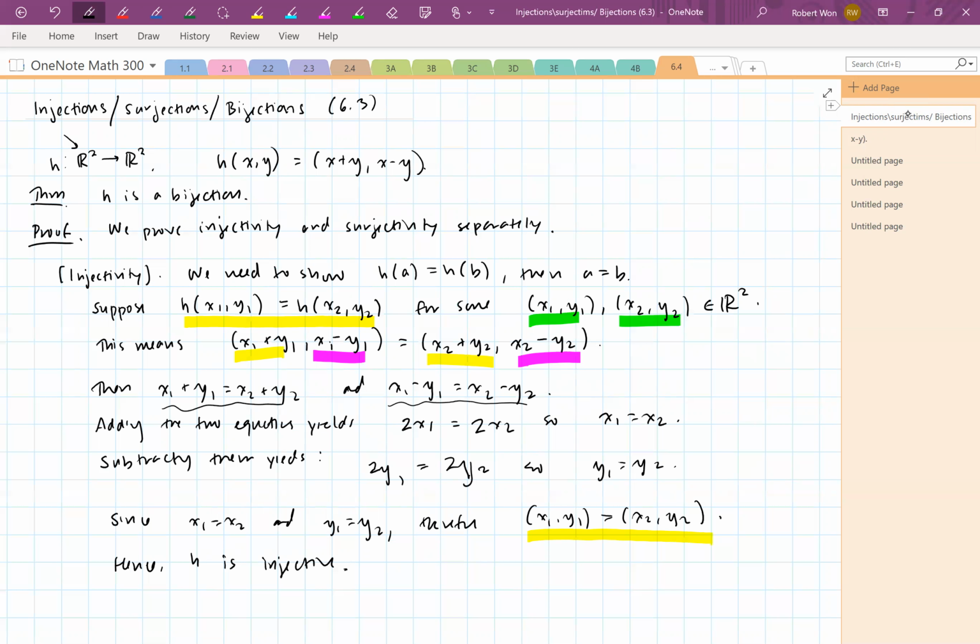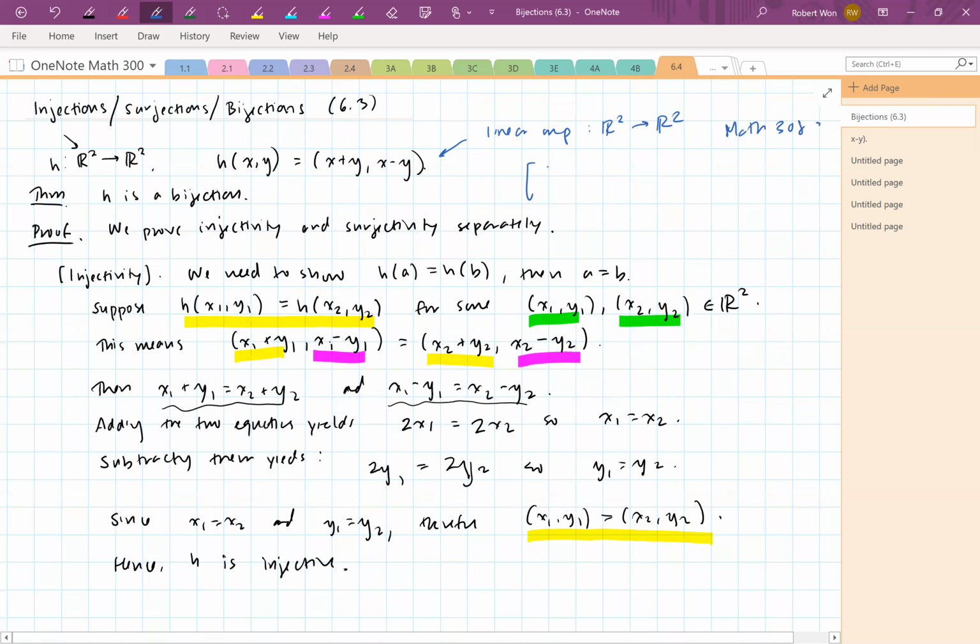Another way to think about this, just FYI, is that this is a linear map from R2 to R2, which means that all the stuff you learned in Math 308 could also have told you this. In Math 308, you learned that you can represent this as a matrix. If you take a vector (x, y) and multiply it by this matrix, you do in fact get what h does.